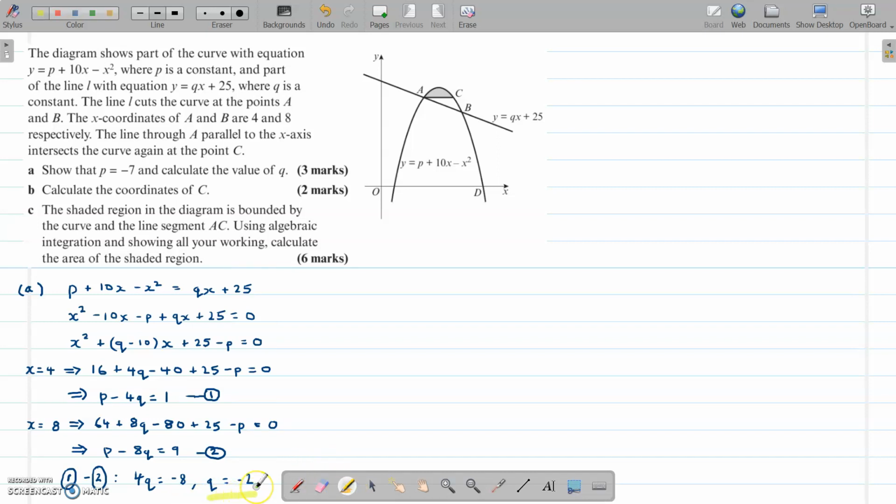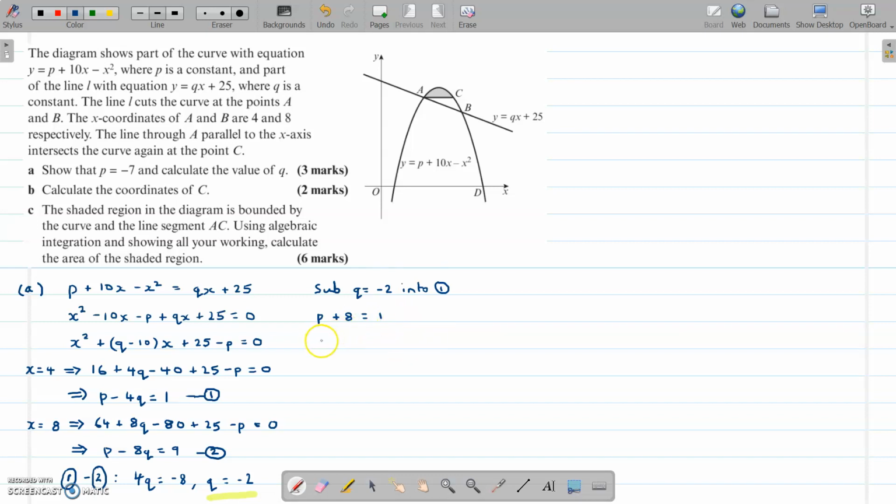Now I found the value of q, I can substitute into one of the two equations. So I'm going to substitute q equals -2 into, it doesn't matter which one, let's substitute it into equation 1, and that will give us p minus 4 lots of -2, so it's p plus 8 equals 1.